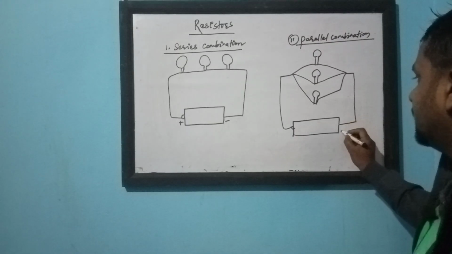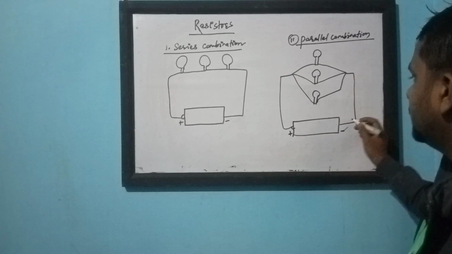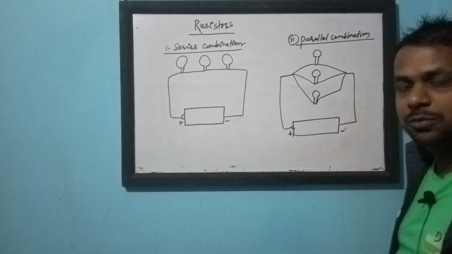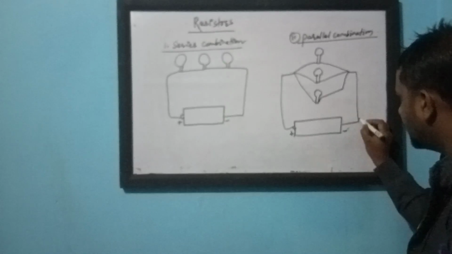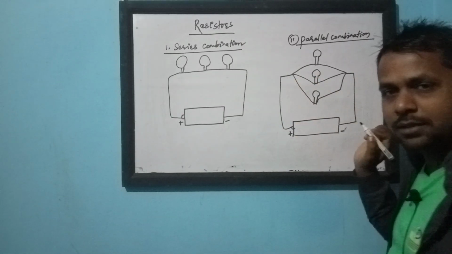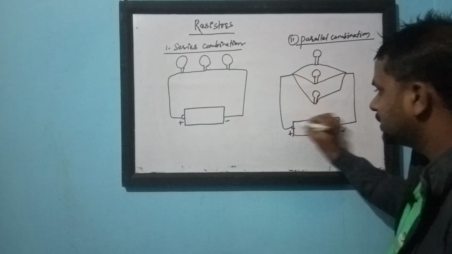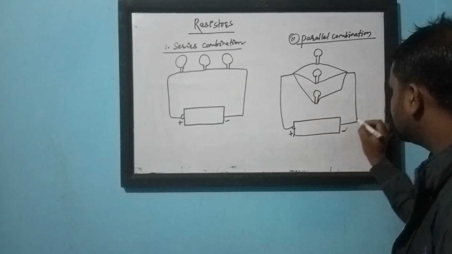Here the current is flowing from negative to positive, and the current has different paths to move. The current can go like this, similarly from here, it can go like this, it can also go.